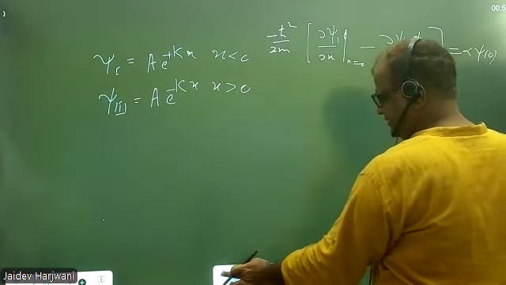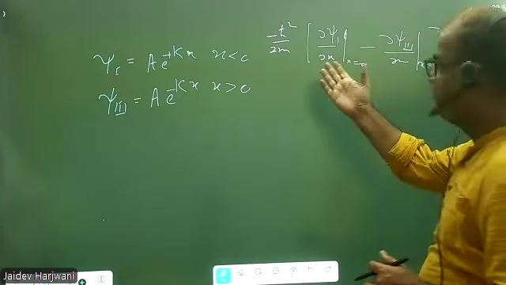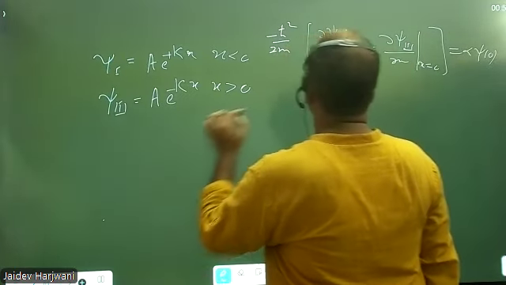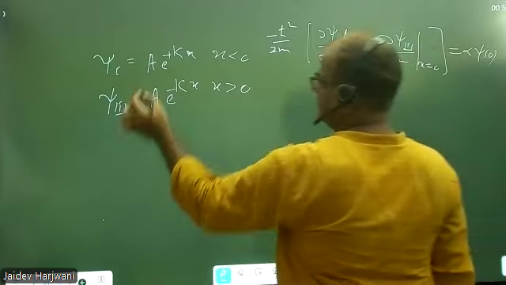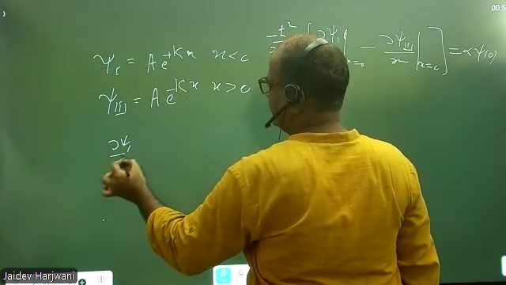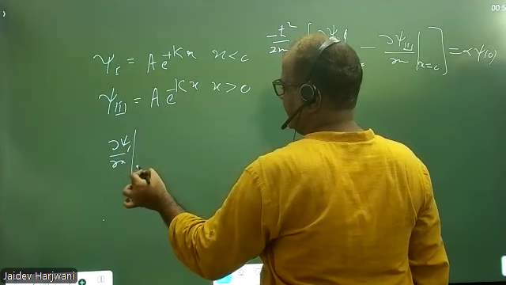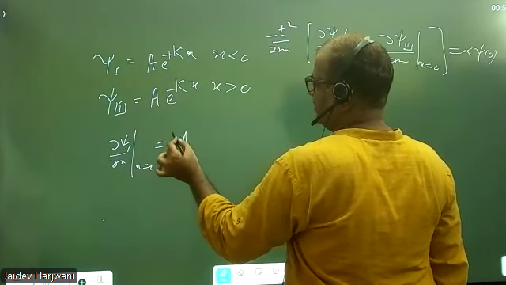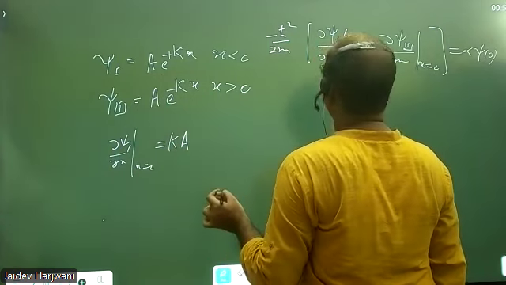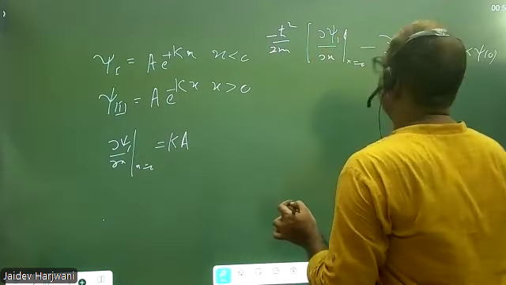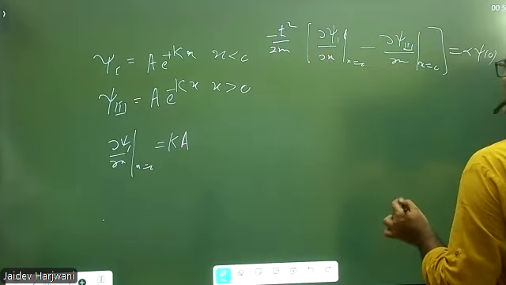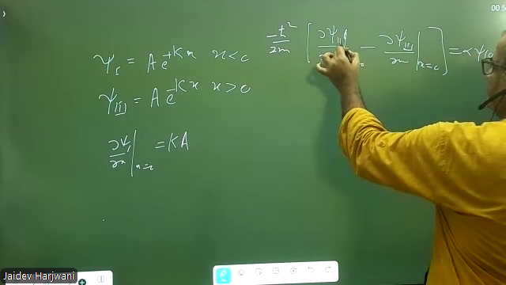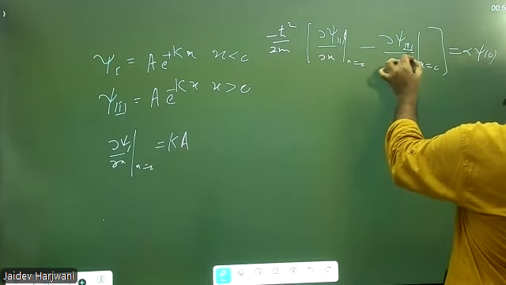So let us now solve this. We have ∂ψ₁/∂x at x tends to 0, which will be with κ. Plus ε was region third, and minus ε was region first.